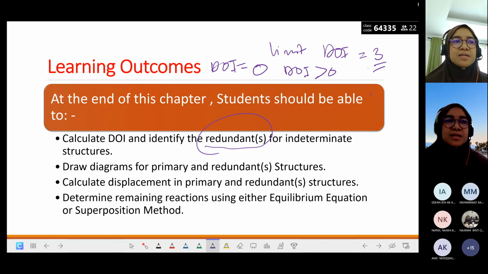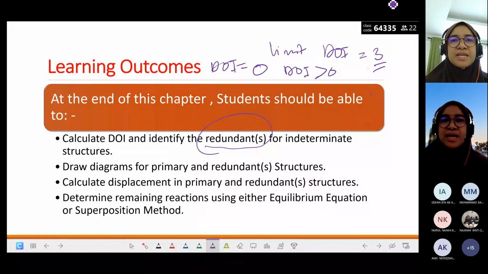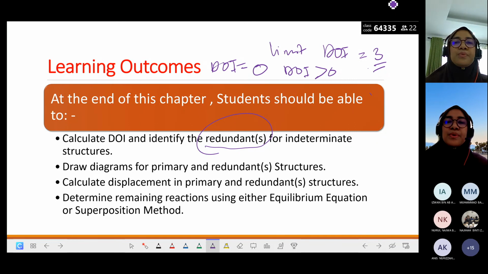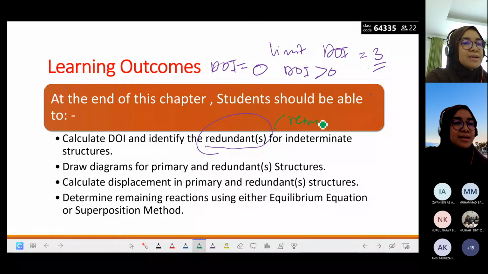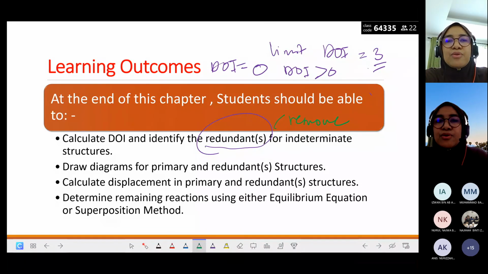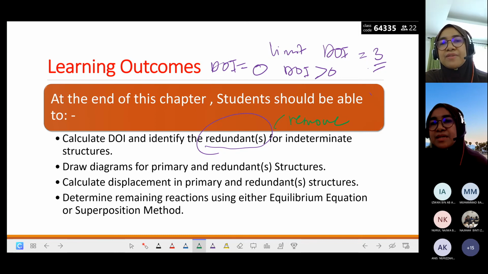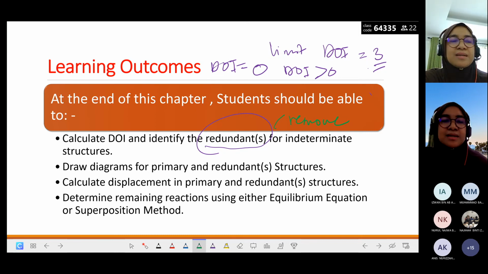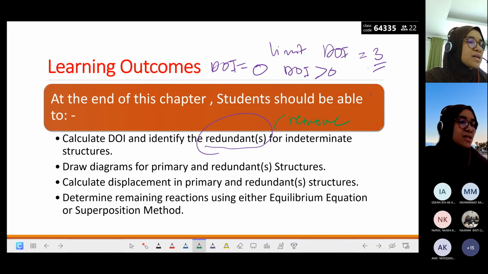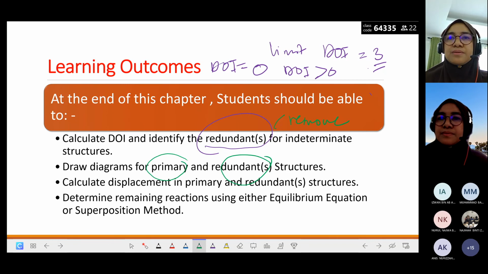After understanding the degree of indeterminacy as well as redundant, the redundant that we have to determine needs to be removed from the system, and we need to draw the diagram after that. The diagram after removing redundant is called the primary structure. Here are the primary structure as well as the redundant structure.